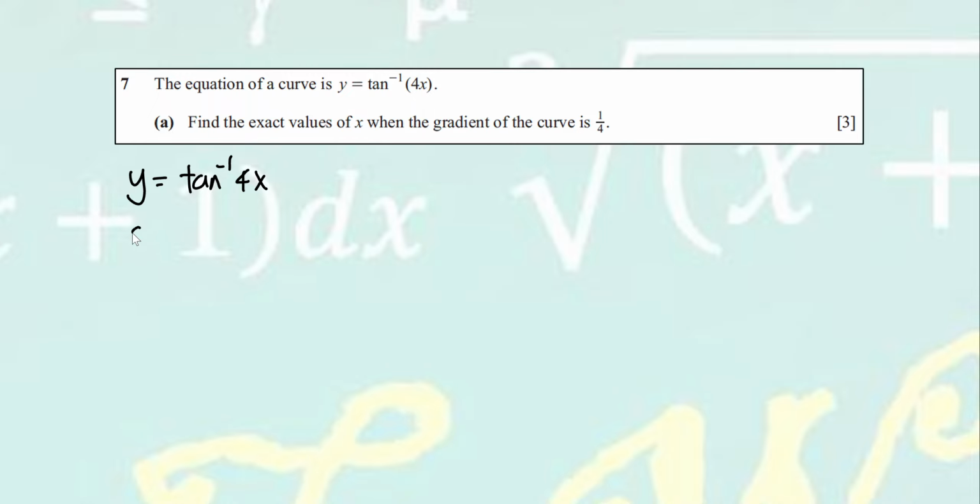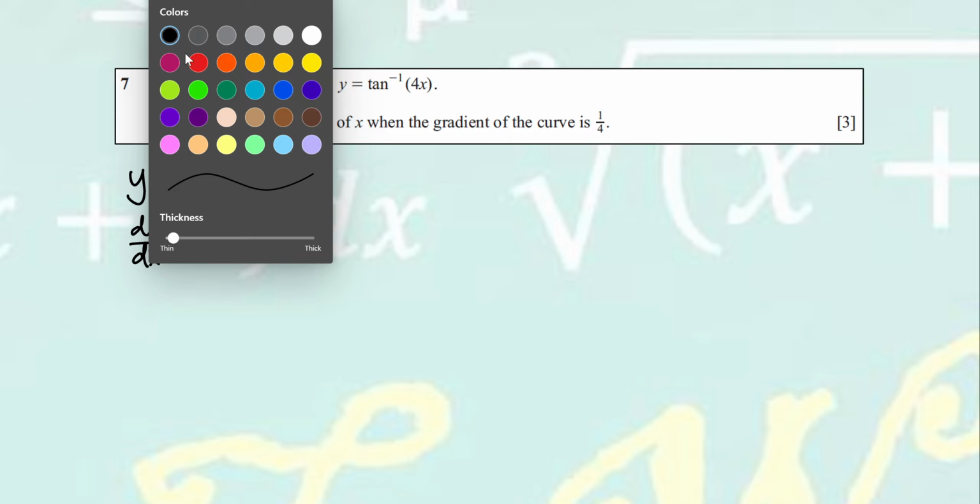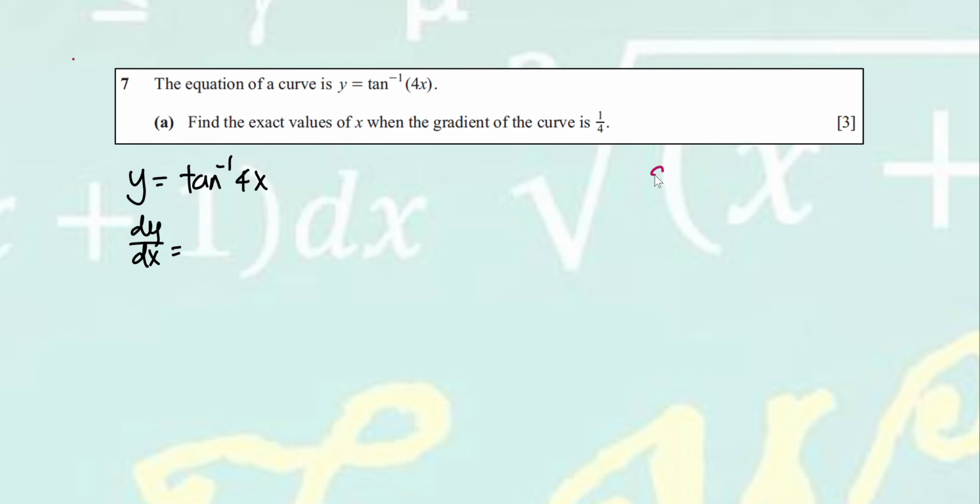Okay, so dy/dx: to differentiate arctangent x over a, this is going to be a over a squared plus x squared.